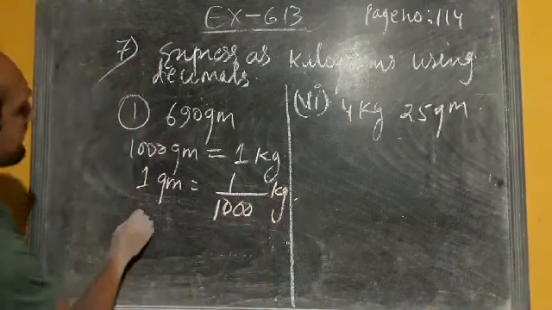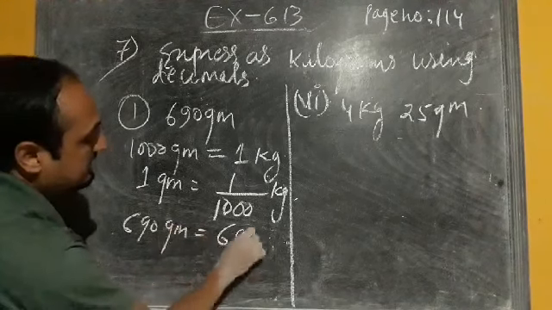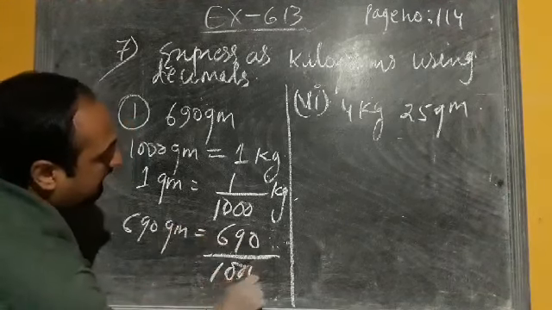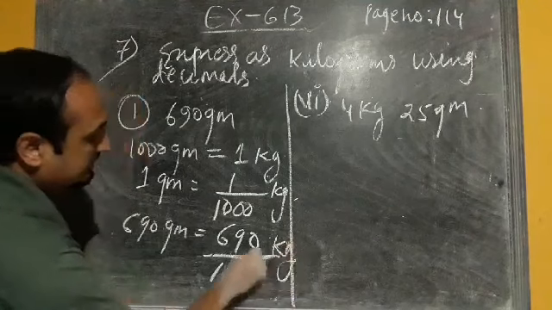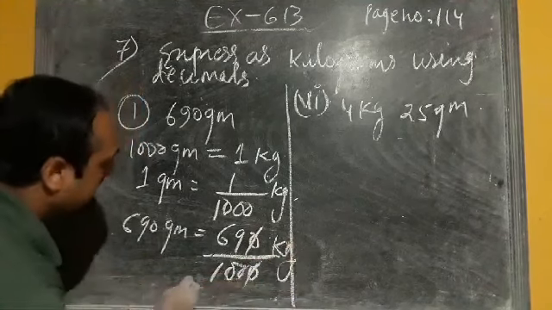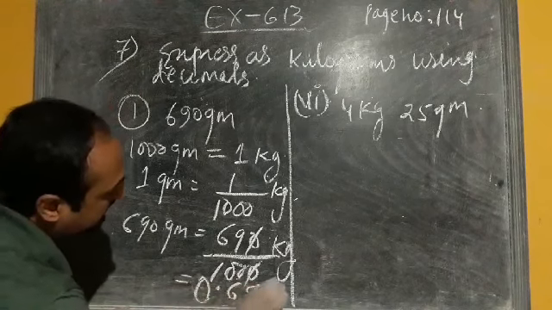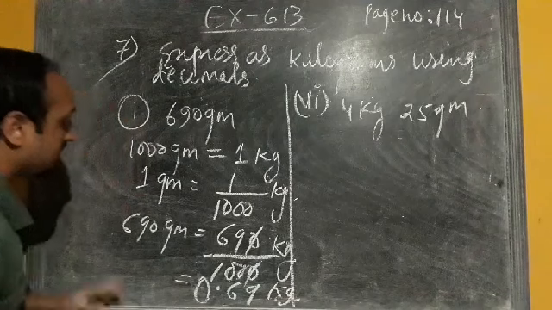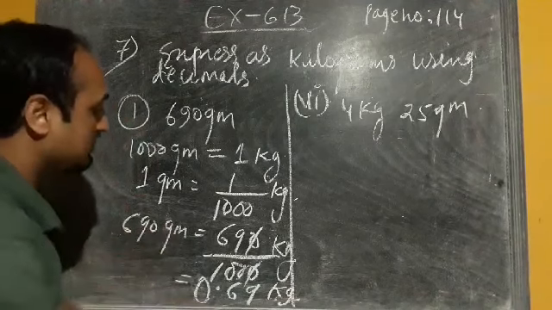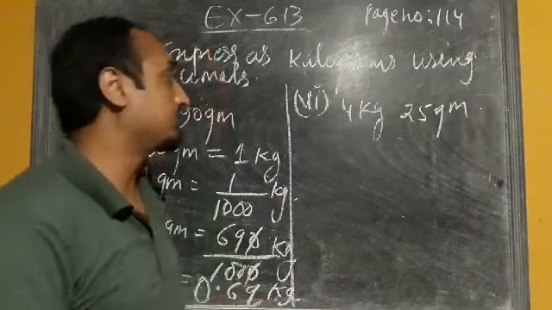So 690 gram can be written as 690 by 1000 kg. Now this 0 can be cancelled out. So here 2 zeros. So after the decimal we have to write two numbers. So 0.69 kg. Okay, 690 gram means 0.69 kg. So now it has been converted into kg.